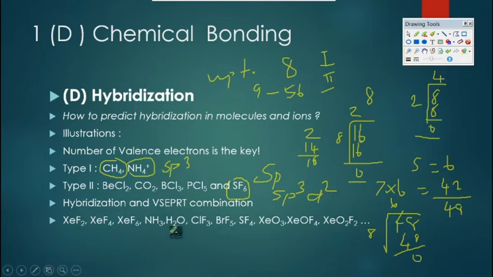Next we can select randomly, for example, XeF4. Xenon gives 8 valence electrons and there are 4 fluorine atoms. Each fluorine will give 7, 7 into 4. So here I have 28. So total we have 36. Is it type 2? So 36 must be divided by 8.